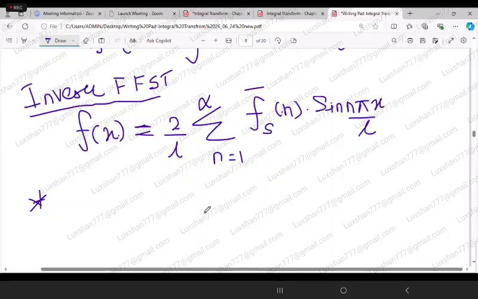Actually, what is this? Can anybody tell me what this is? If you can remember, what is this?